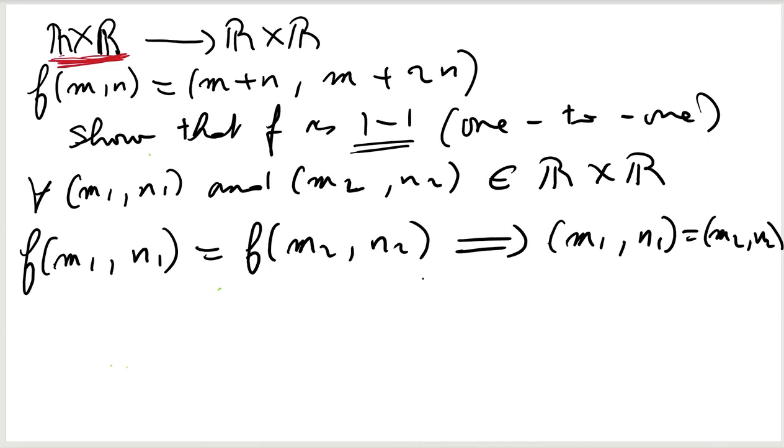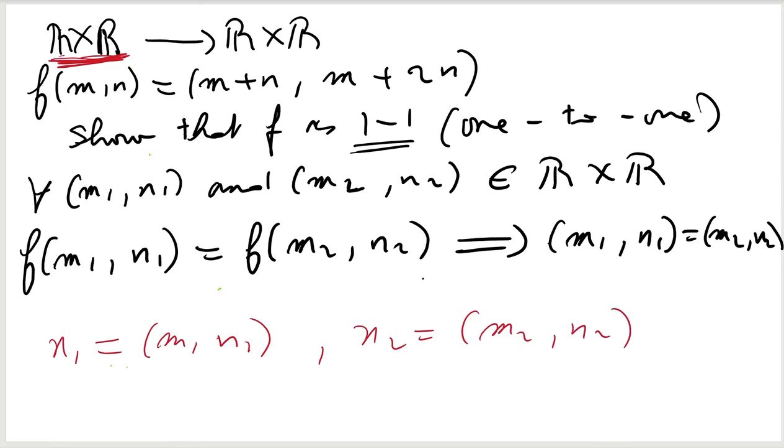We can think of x1 to be the first pair, which is m1 n1, and x2 to be the second pair, so x2 is m2 n2. That's the definition. This is because we have the cross product, so we have to think of the pair of elements. So that's how it works.